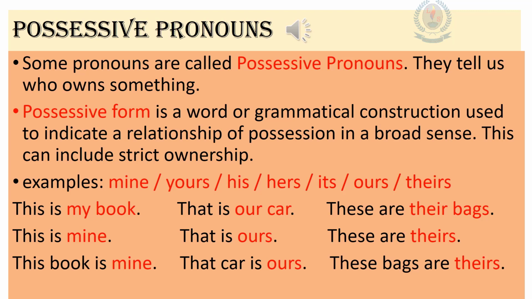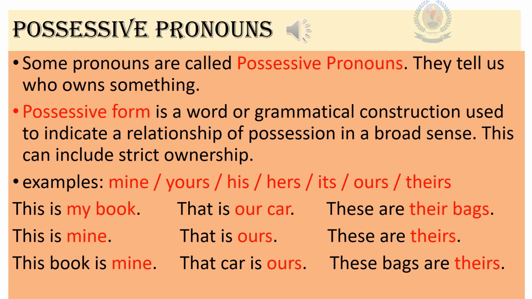These are their bags. Whose bags? Their bags. So how are they going to use the possessive in that? These are theirs. These bags are theirs. You can put the noun before when you use the possessive pronoun.